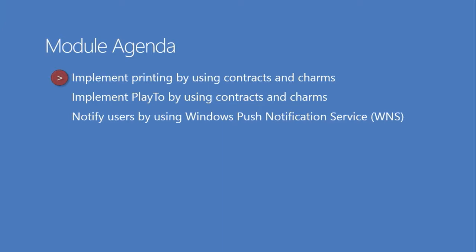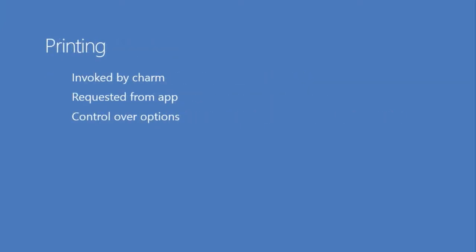The first topic is going to be printing, and then we're going to follow through. And if you haven't heard of it before, you're going to find out what this whole PlayTo thing means. And then finally, we might even get Jeremy to talk again, and we'll see if he has anything to say about push notification services. But we'll start now with printing.